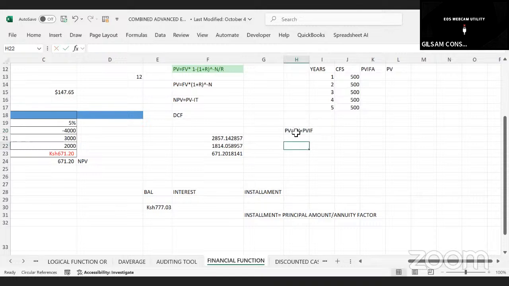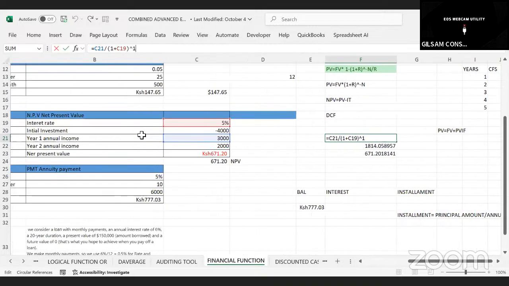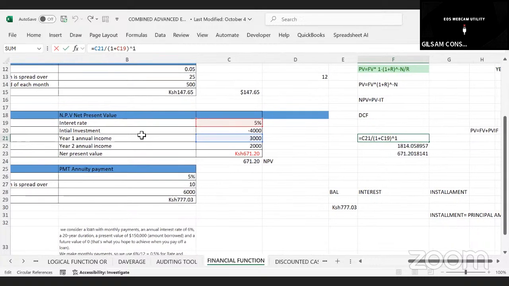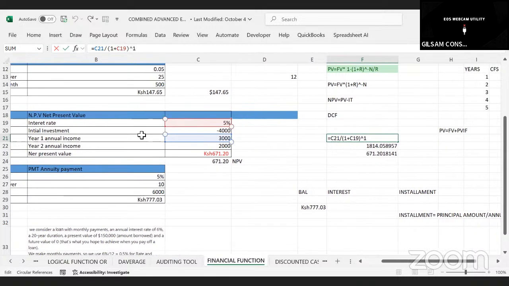So for PVIF, we said the formula of PVIF is the one that takes C21. What is C21? C21 is the first, that is the multiplication. C19 plus 1, because we take 1, it will be 1.05 raised to 1, which is year 1, and then whatever we are getting, multiply by that investment or cash inflow 1.